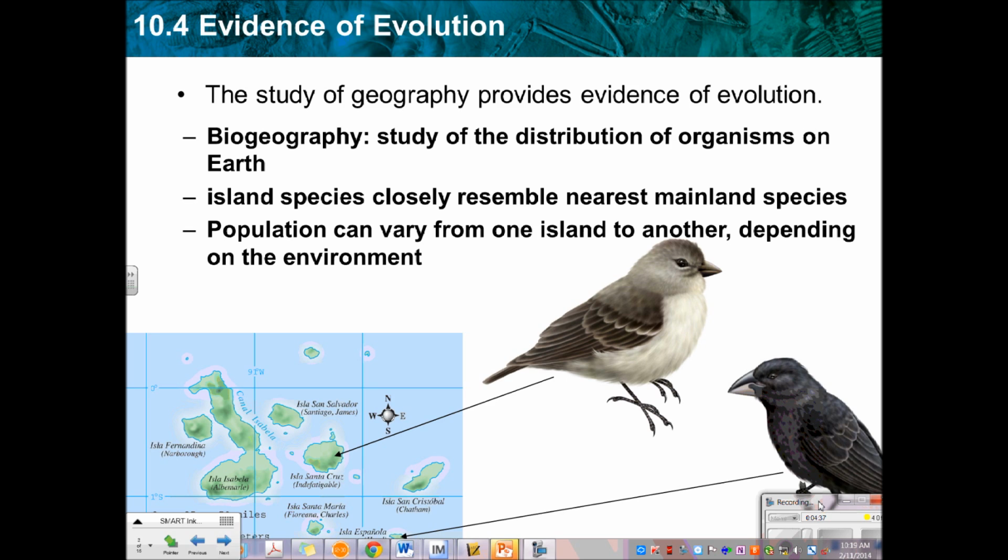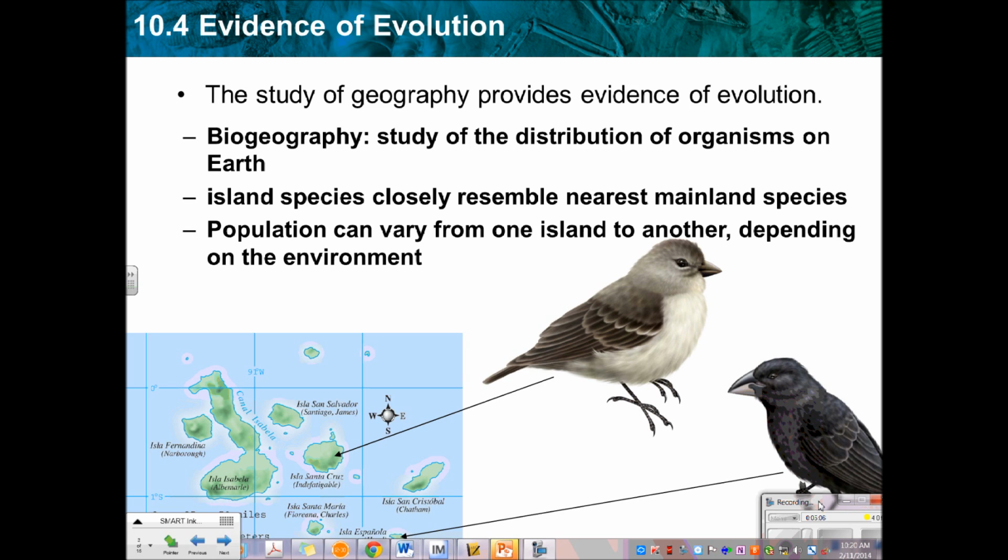And then I talked to you guys about the islands. Islands make great ways of studying, and we're talking about geography here. So island species are closely resembled to the mainland species. And now with DNA evidence, we're seeing that that's where the ancestors came from, the closest mainlands. Populations from one island to another vary depending on their environment. So they've gotten on these islands.